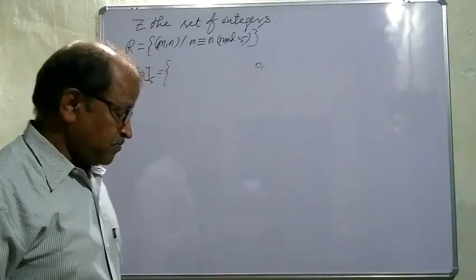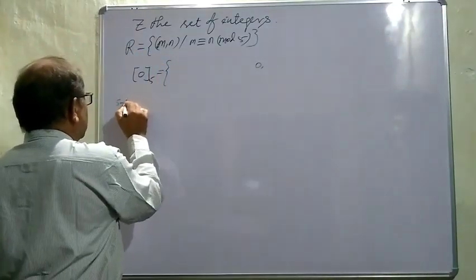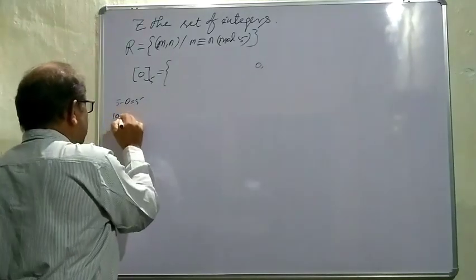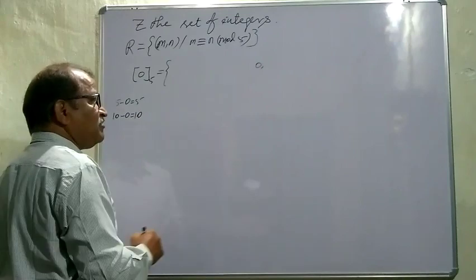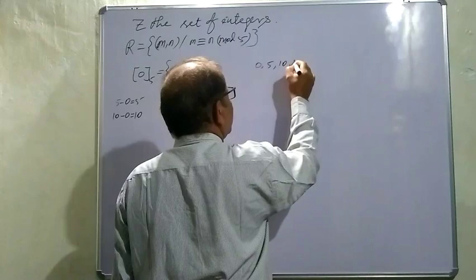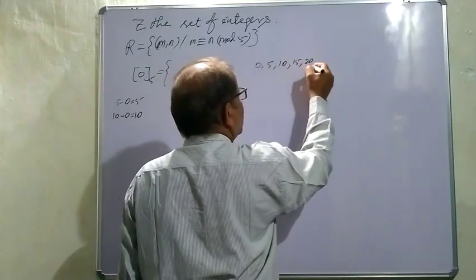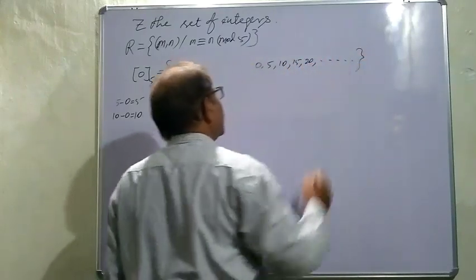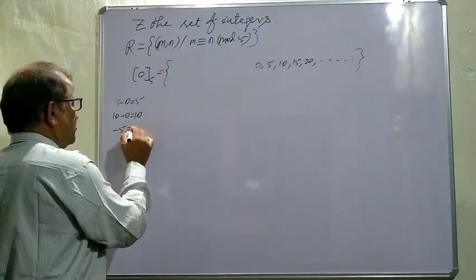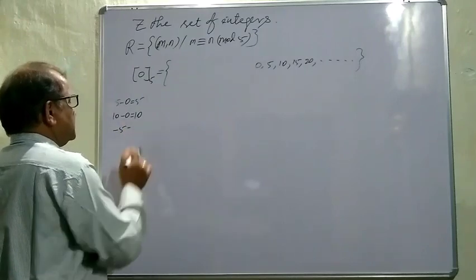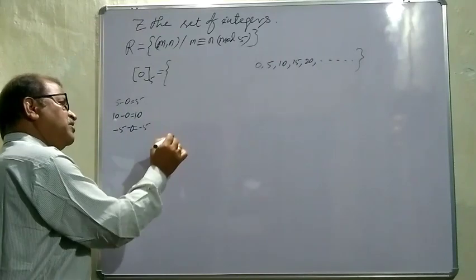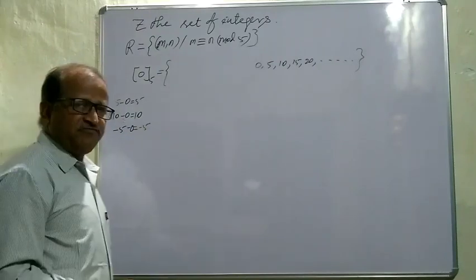After 0, you see 5 minus 0 is 5, divisible by 5, and 10 minus 0 is 10, divisible by 5. So the members are 5, 10, 15, 20 like this. And before this, minus 5 minus 0 is minus 5, which is divisible by 5.